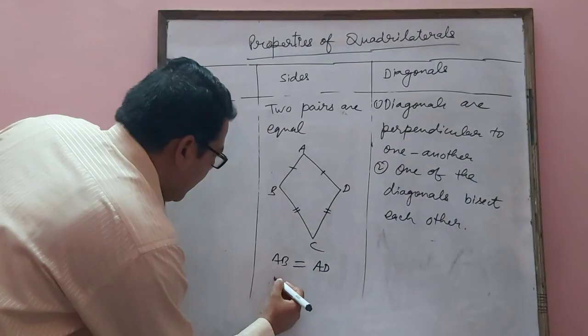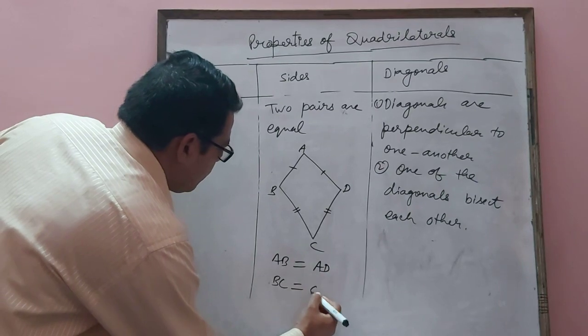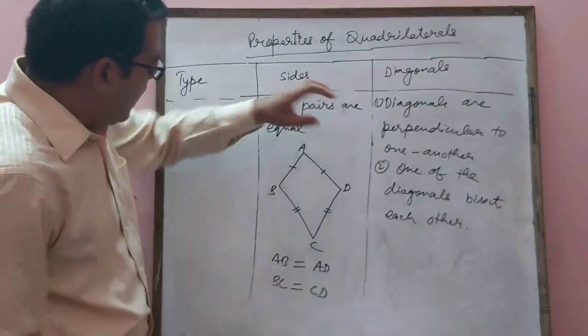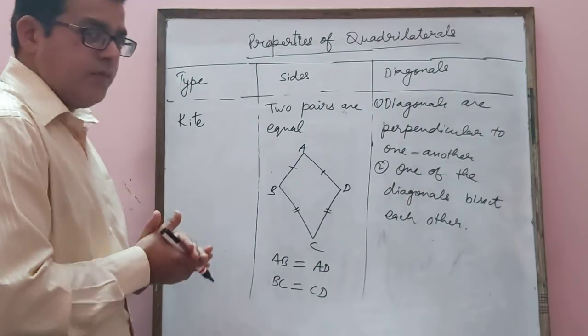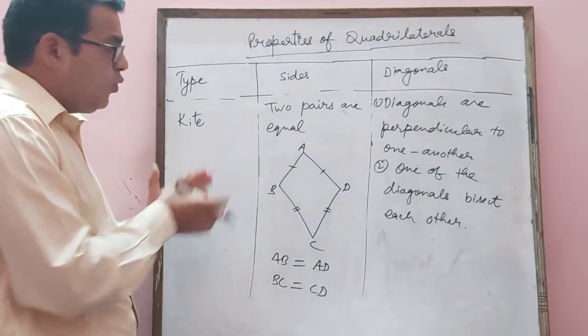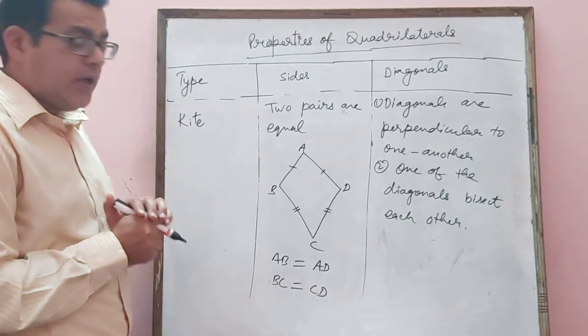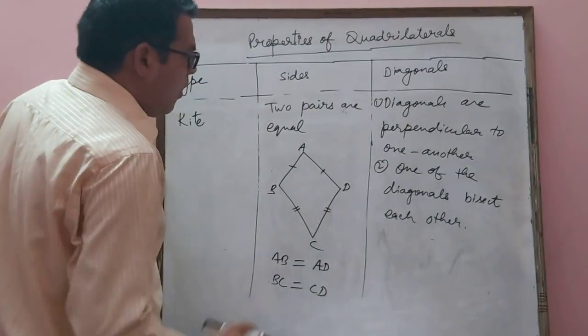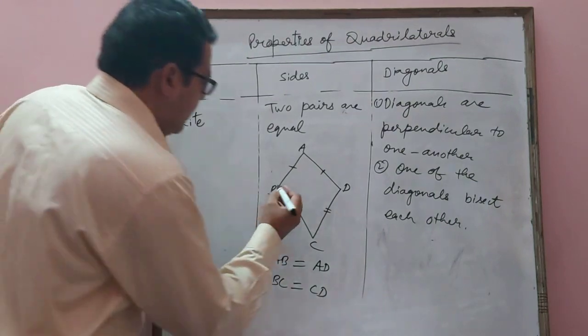And the second pair is BC equals CD. AB equals AD and BC equals CD. According to the definition of kite, two pairs are equal, right? And what about diagonals? Diagonals are perpendicular to one another.